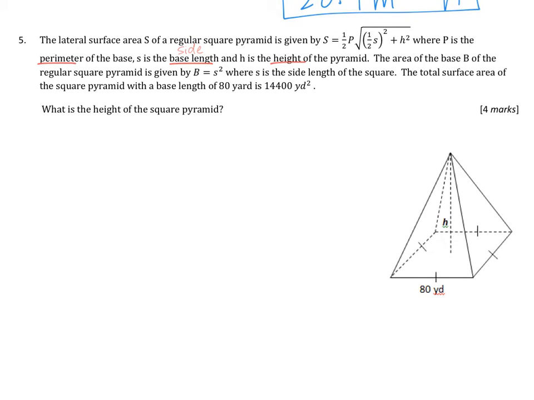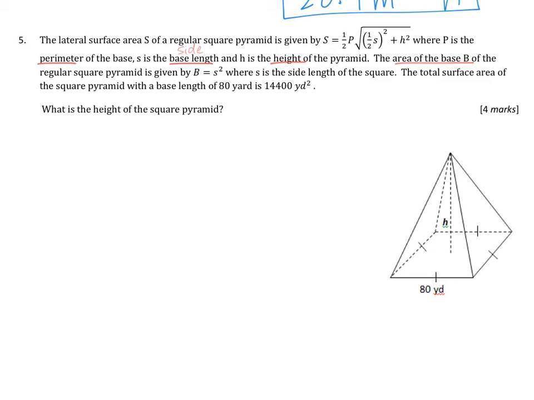The area of the base, B, of the square pyramid is given by this equation, where S is the side length of the square. The total surface area of the square pyramid with a base length of 80 yards is 14,400 yards squared. So I'm just going to underline B is the area of the base. What is the height of the square pyramid?